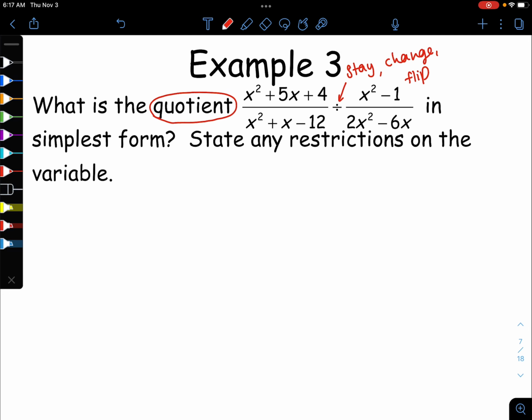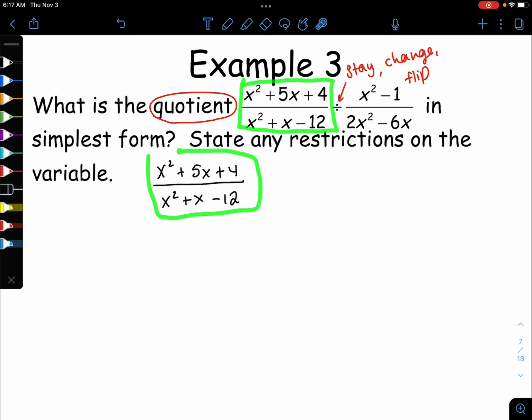So let's rewrite our expression to multiplication. So it becomes x squared plus 5x plus 4 over x squared plus x minus 12. The first one stays the same. And then division turns into multiplication. Okay, I'm going to use a dot actually. Multiplication. And now we're going to flip the next one.